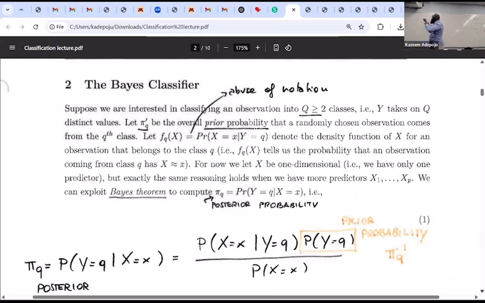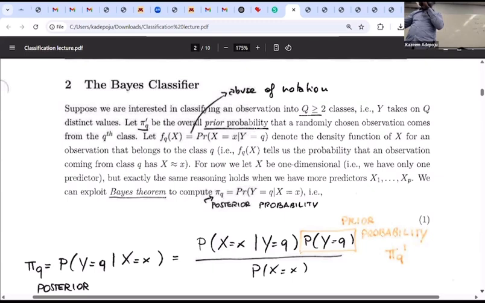Prior probability is the probability of the state of nature before you collect data at all. Maybe somebody walks into your bank to get a loan, and you don't have information about X, the predictor.